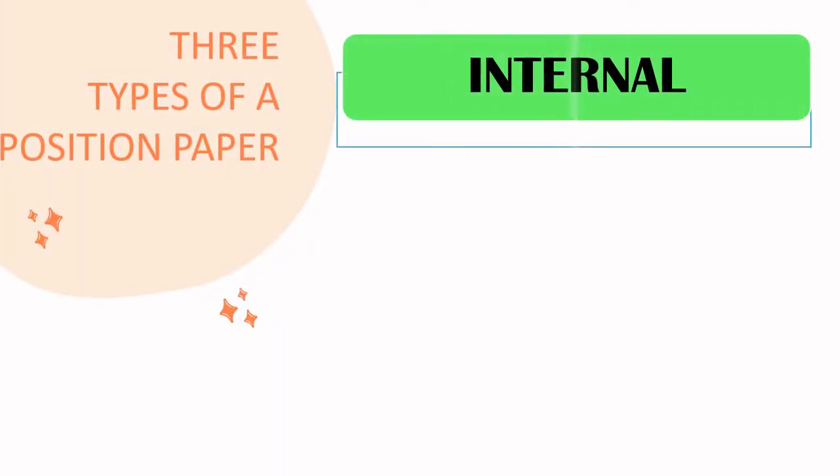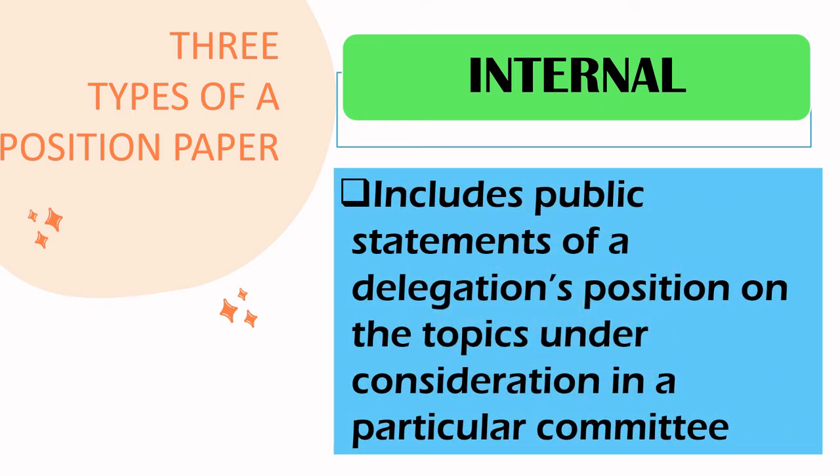For the next type of position paper, we have the internal position paper. It includes public statements of a delegation's position on the topics under consideration in a particular committee. This is usually constructed for or by a delegate in an international community. They are a broad-based statement of the country's policies on a specific issue. This includes what you publicly tell other nations.